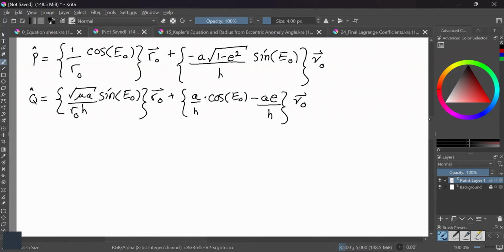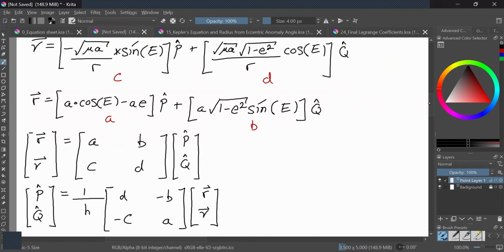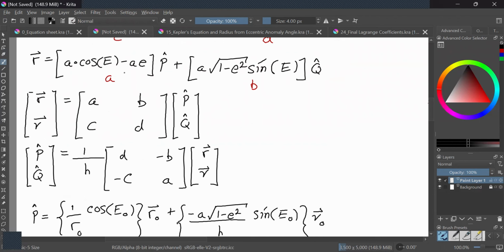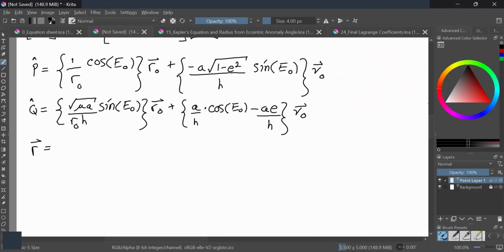And just as before, we're going to plug it into our r vector to try to look for our Lagrange coefficients. So r begins with our a quantity, a times cosine e minus a times e, times p. Not the initial e value.